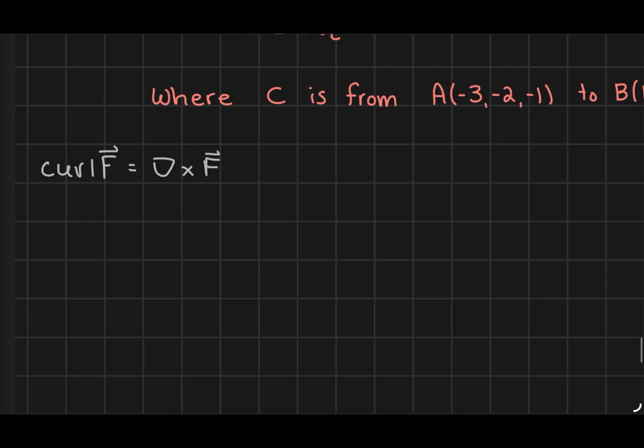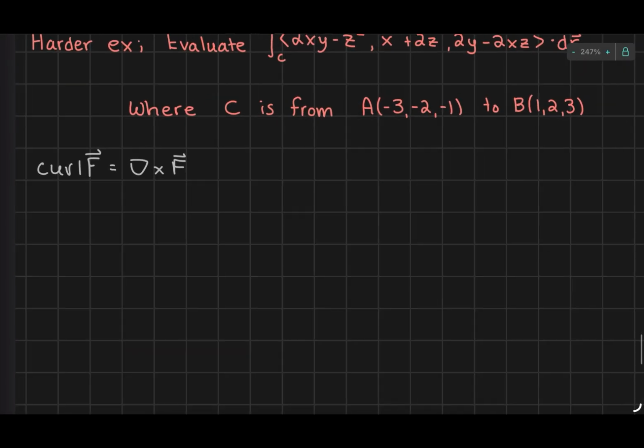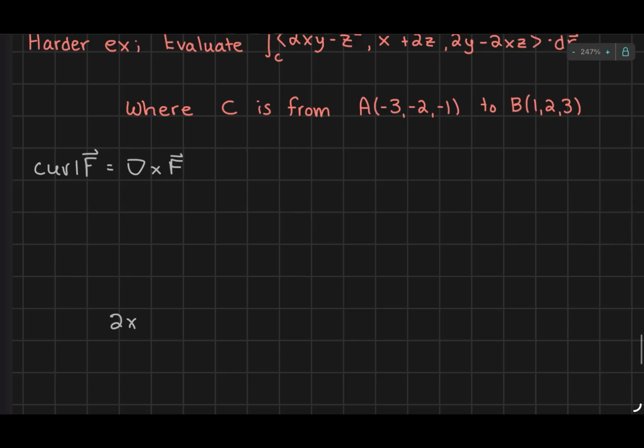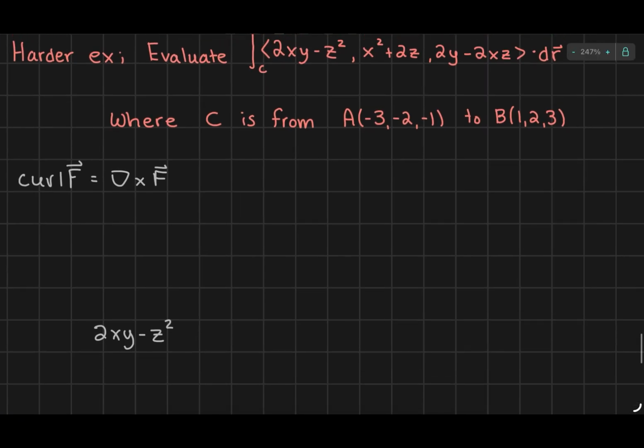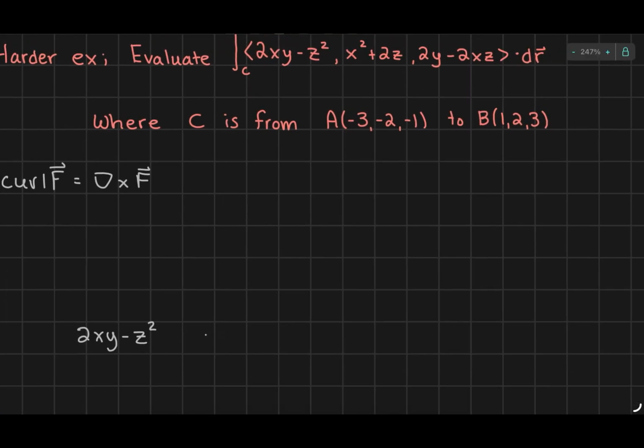I'm going to check the curl of F here. Our individual components are 2xy minus z squared, x squared plus 2z, and 2y minus 2xz. Go ahead and put in our gradient now, d/dx, d/dy, d/dz.